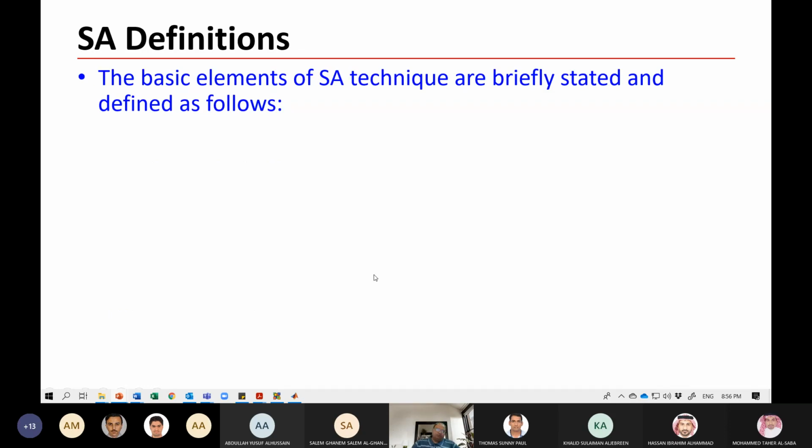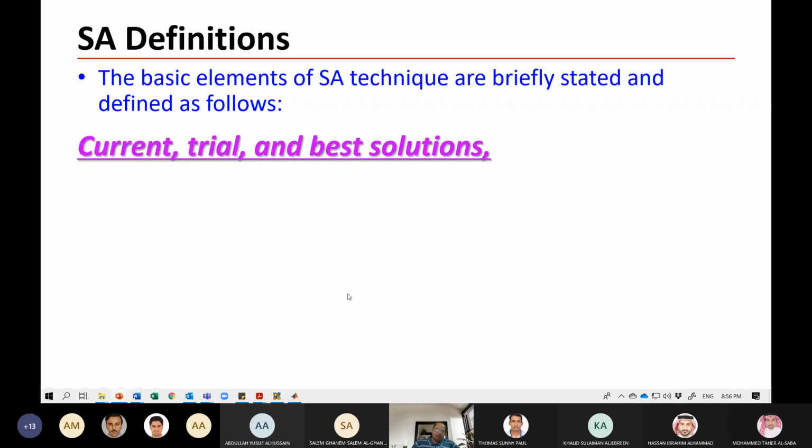Definitions. In the simulated annealing algorithm, we will use the current solution, the trial solution, and the best solution. So you have X current, X trial, and X best.